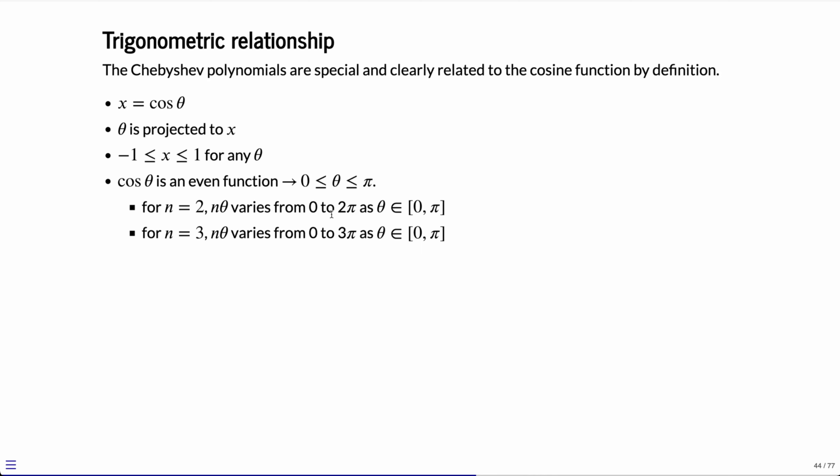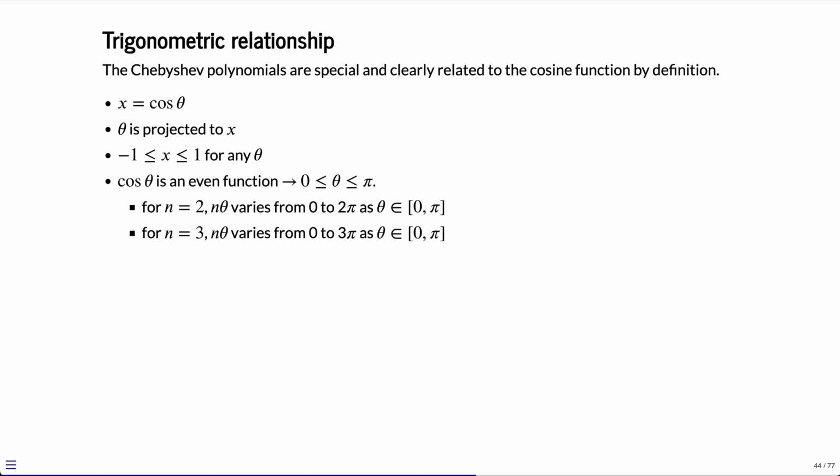As theta varies from 0 to pi, n theta will vary from 0 to n pi. So from 0 to pi, we get half a cosine wave. From 0 to 2 pi, we get a full cosine wave.